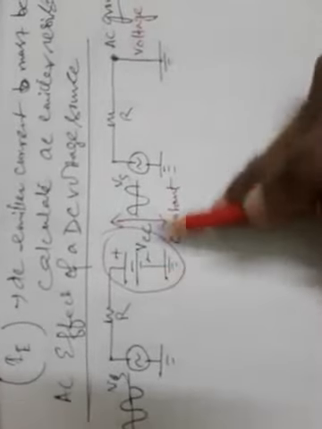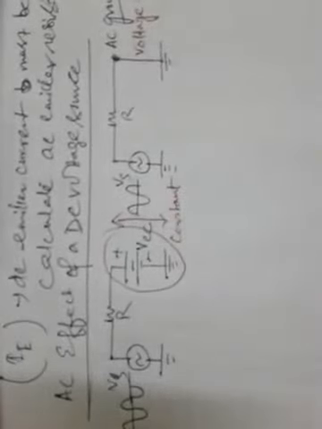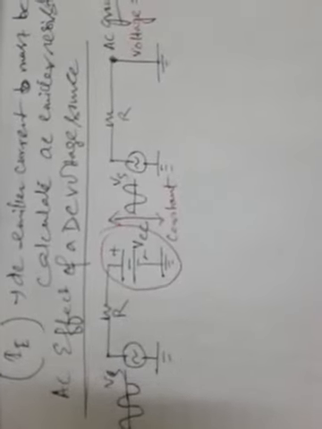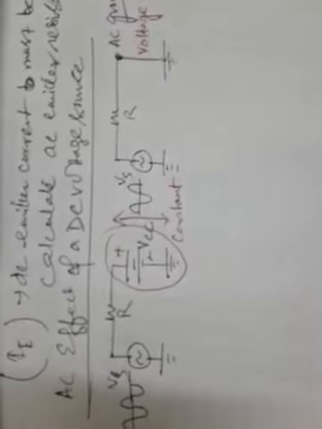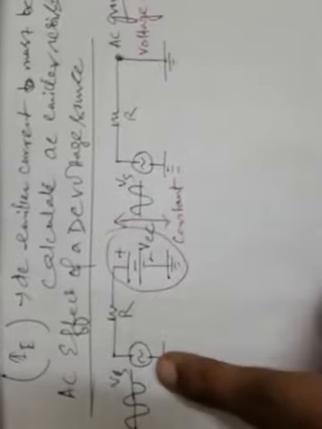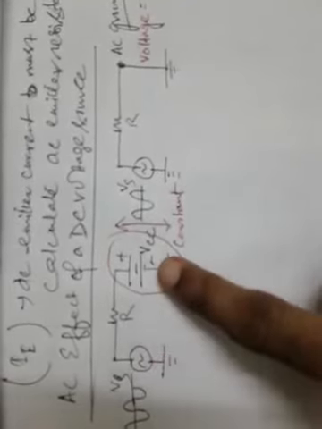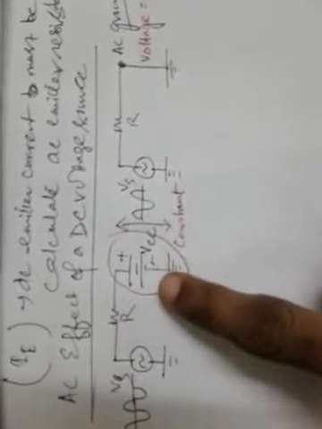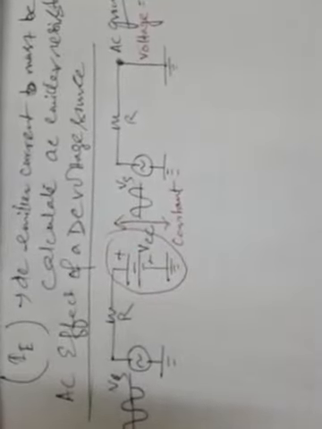Because there is no change across this DC source, the voltage stays a constant value, and we can say that a change in signal or current at the input will not produce any change at the output, that is across this VCC. So that's why there will be no change in voltage.